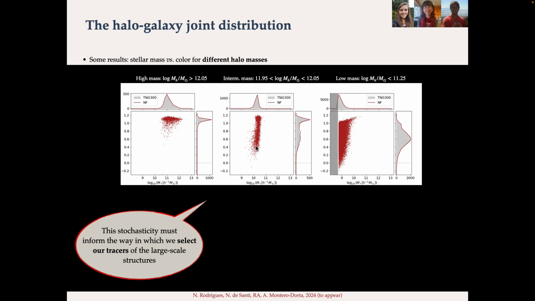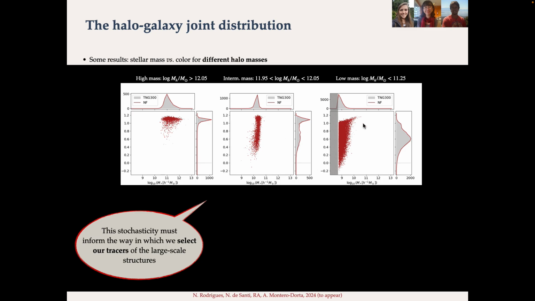The mass range in stellar mass is much wider than the mass range in halo mass. However, the most important feature here is that the distribution of colors of these objects can go all the way from red to very blue, a huge scatter there.